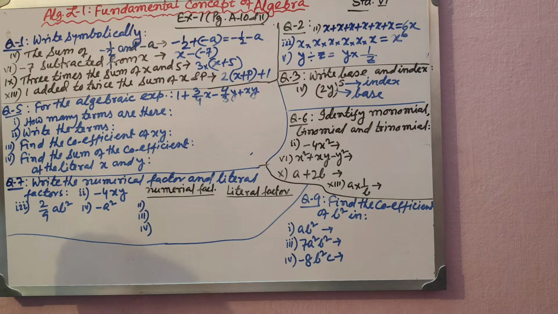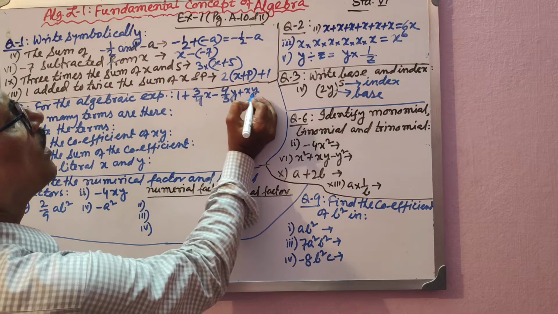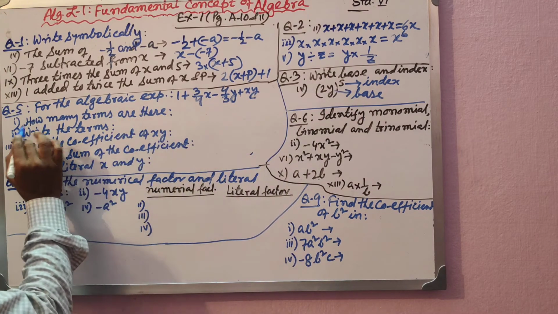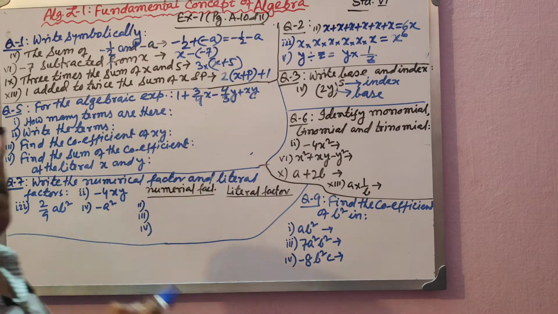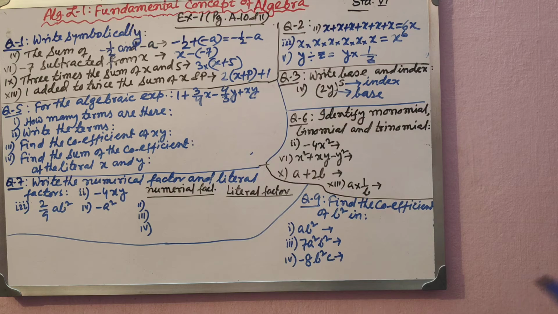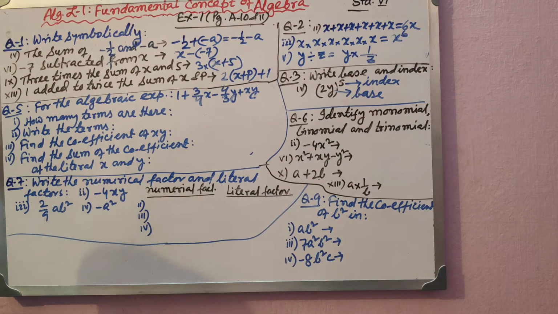Now moving on to question number 5. This is the algebraic expression given to you. So what will you do? How many terms are there? See, in every expression, the parts added or subtracted are called its terms.